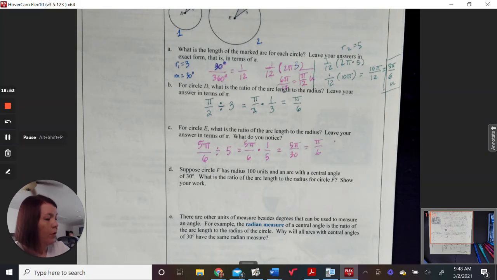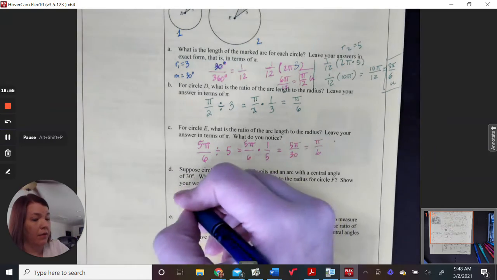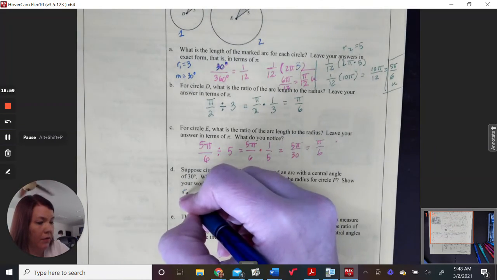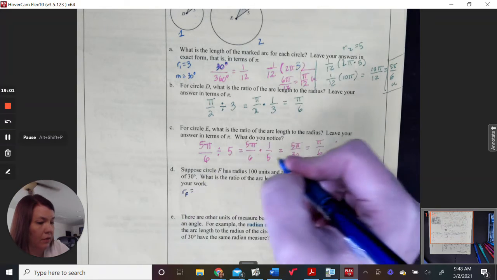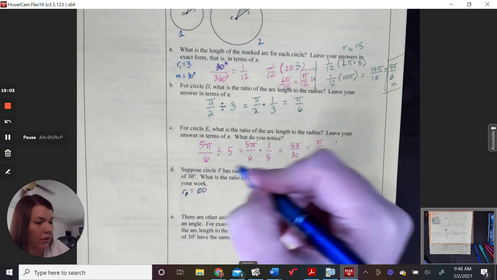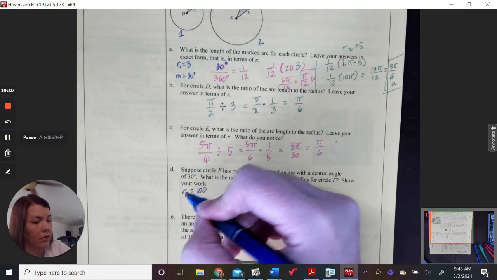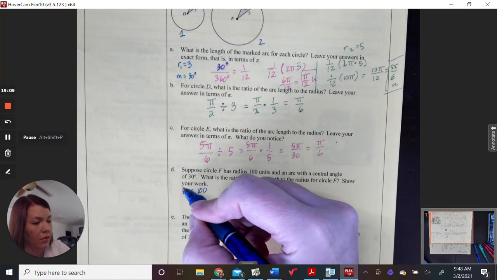But the fraction is still 1/12. 1/12 times 2 pi times 100 equals 1/12 times 200 pi, which is 100 pi over 6.